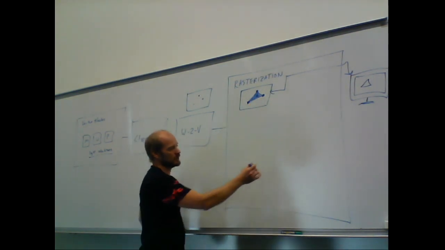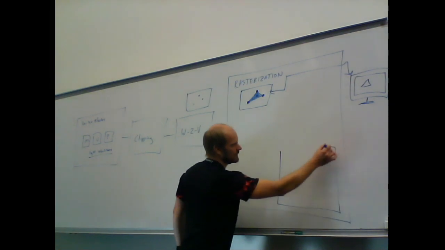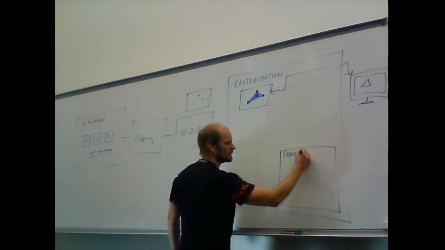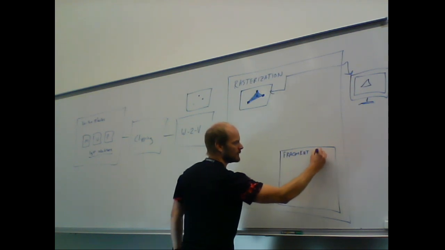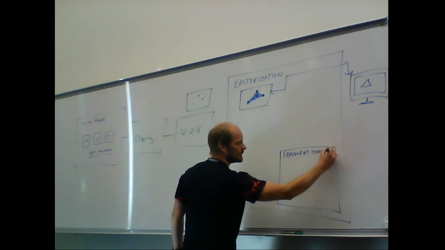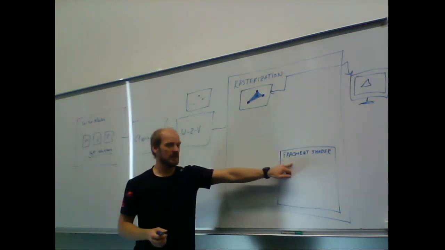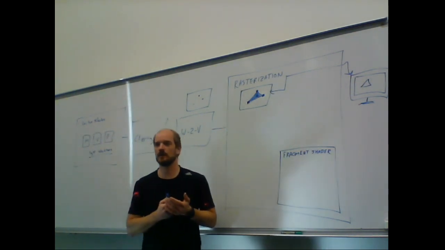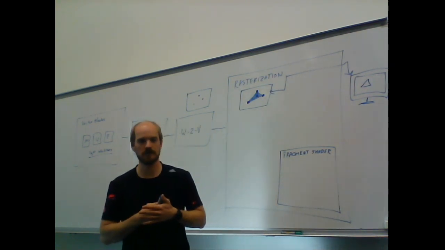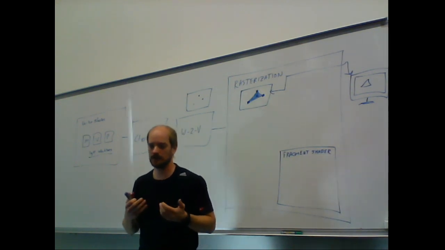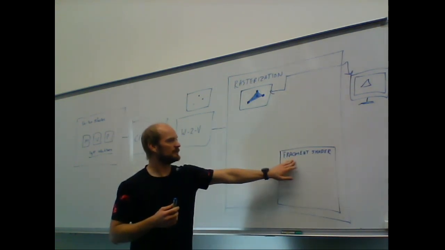Inside the rasterization, we have our fragment shader, and our fragment shader is basically the shader calculation, or whatever color calculation, that is called for every single pixel in our system.